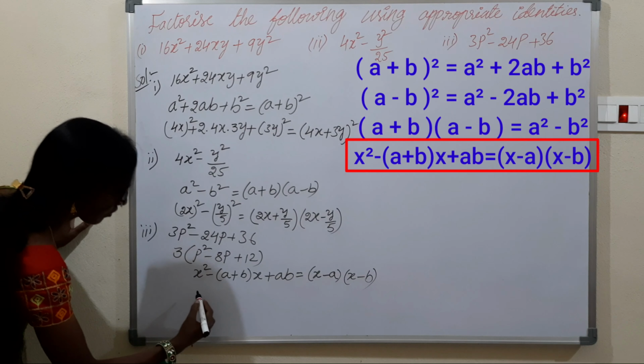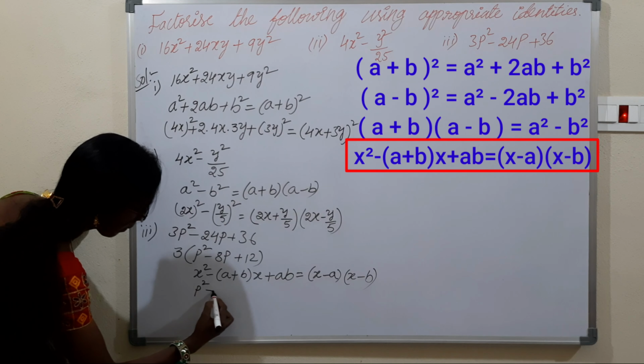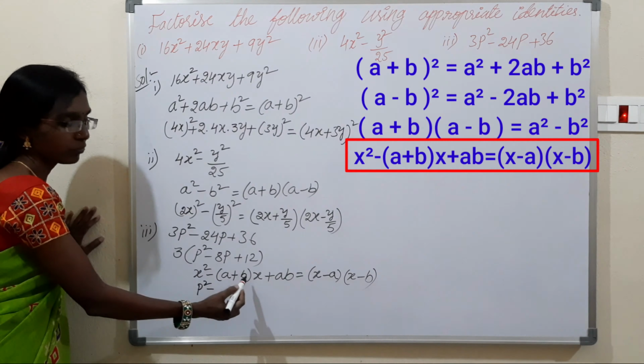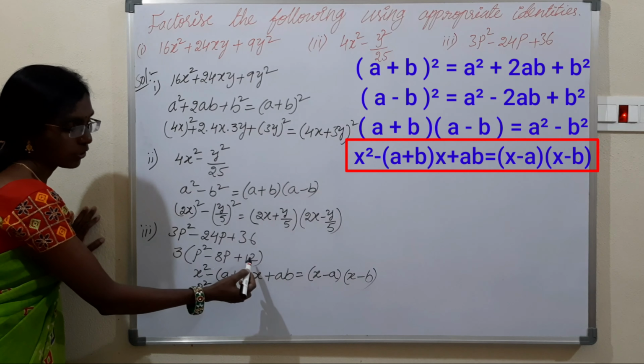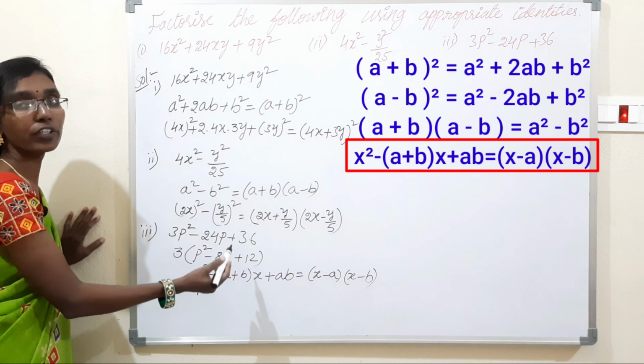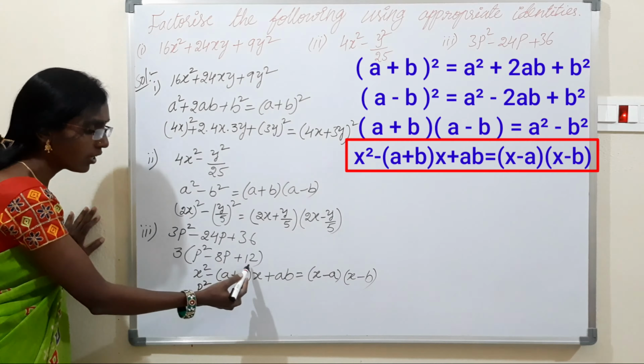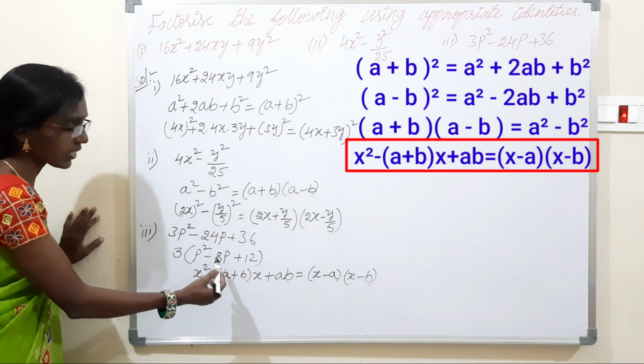In the place of x we have p. To find a value and b value, a into b is 12. We have to factorize 12: 2 into 6. 2 into 6 is 12 and 2 plus 6 is 8.